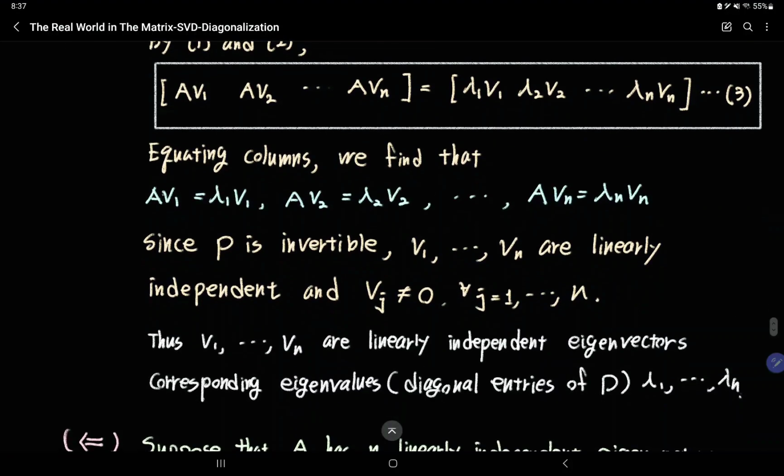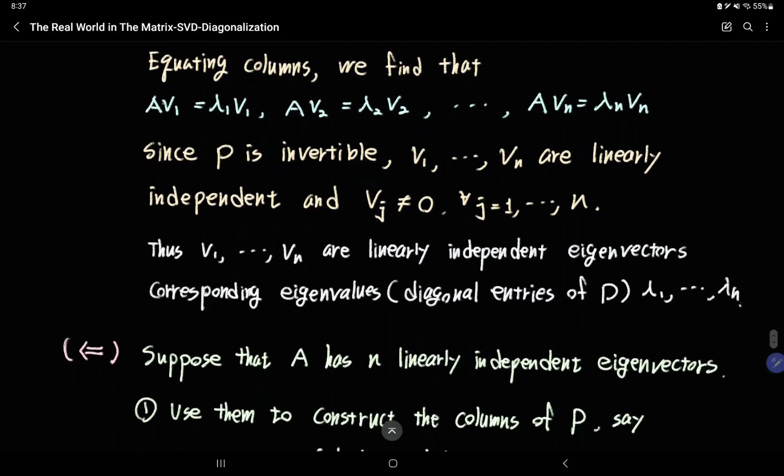Since Av1 equals lambda 1 v1, v1 must be an eigenvector corresponding to lambda 1, right? So v1 through vn are eigenvectors of matrix A corresponding to eigenvalues lambda 1 through lambda n, and since P is invertible, these eigenvectors, which are the columns of matrix P, are linearly independent as well. So the proof is done.